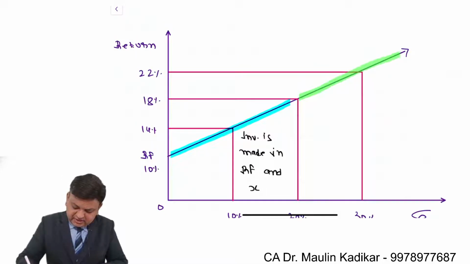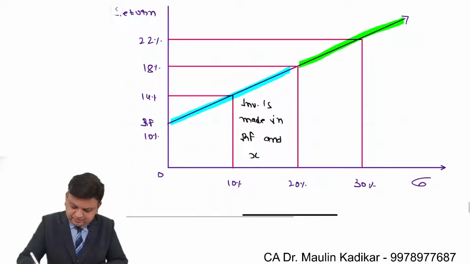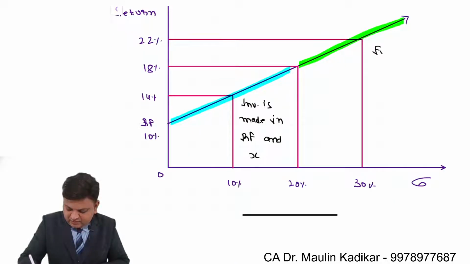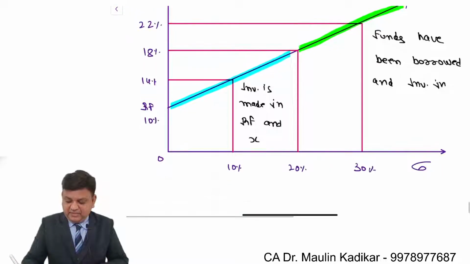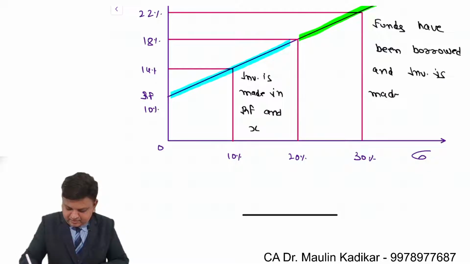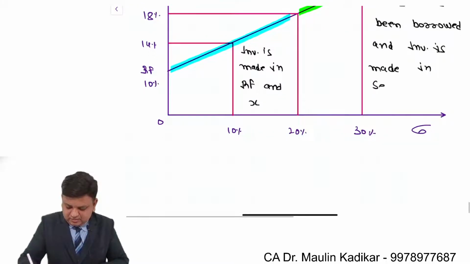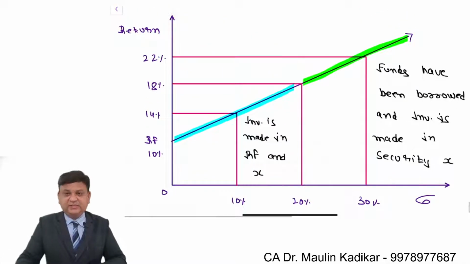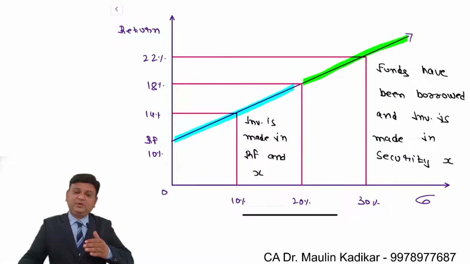And this portion is indicating that funds have been borrowed and investment is made in security X. That is the way the investment has been made in security X with the borrowing of funds.